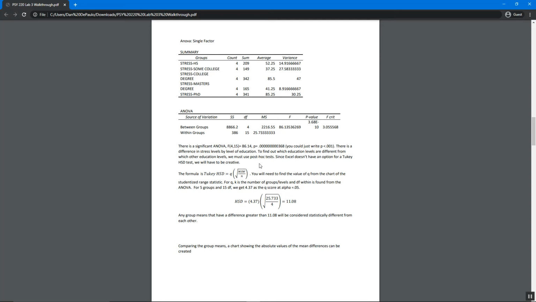So I have 5 groups here. I need to compare all these groups to each other. So I need to compare group 1 to group 2, group 1 to group 3, group 1 to group 4, group 1 to group 5, group 2 to group 3, group 2 to group 4, group 2 to group 5. You see what I'm saying?